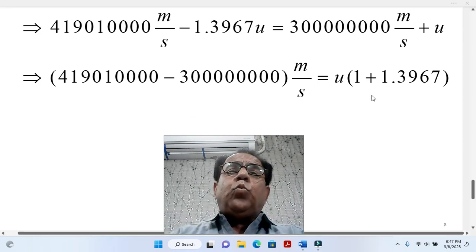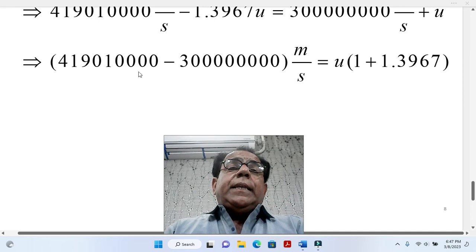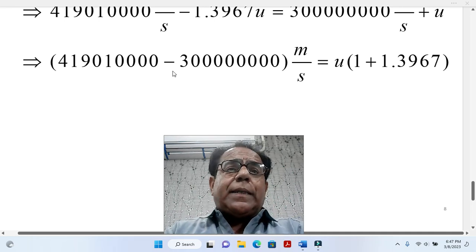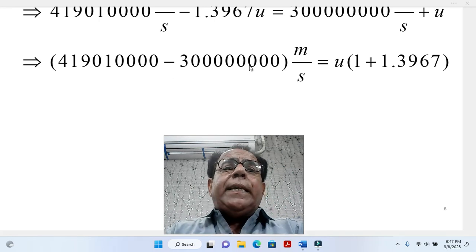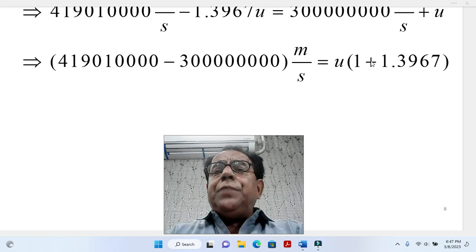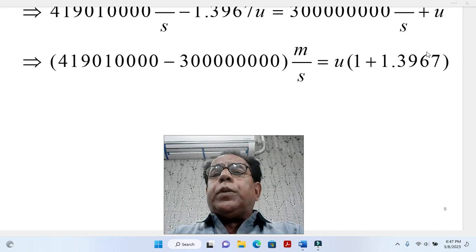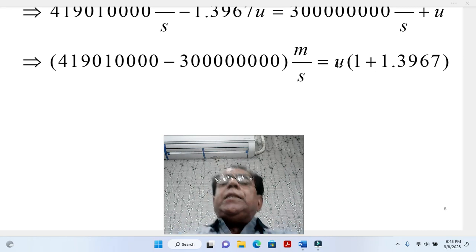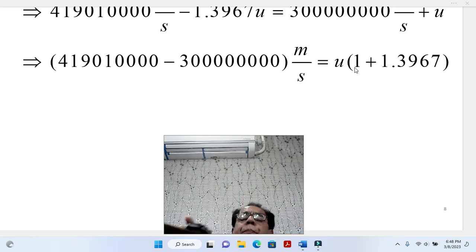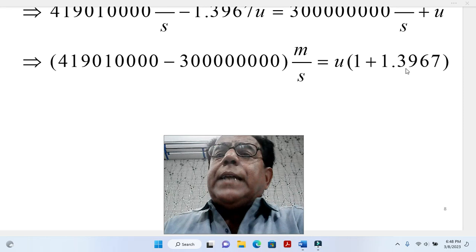Now quite simple. In the next step we will subtract 3 along with 8 zeros from this figure, and we will add these two terms. Addition of these two terms is quite simple, because simply we will replace 1 by 2. This is 1.0000 and this is 1.3967.